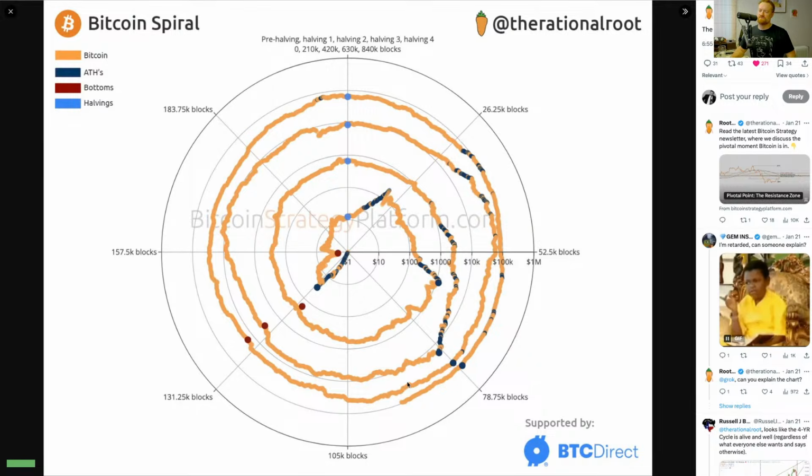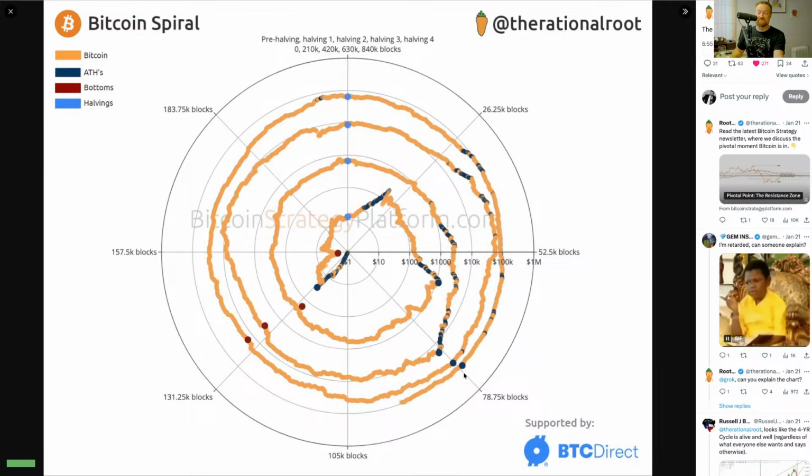So if we're talking about bolstering our understanding of where we could be at any given time, it's interesting, he kind of shows all-time highs as they occur too.